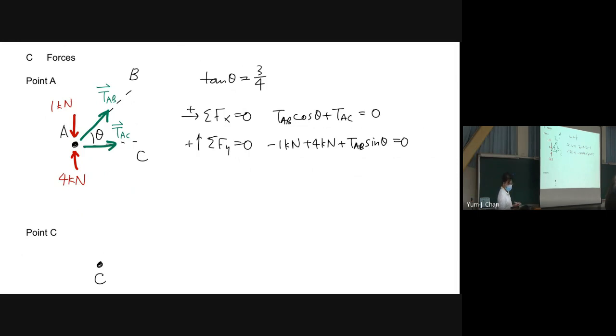Which members connect with point C? CE. What else? CB. Yeah.